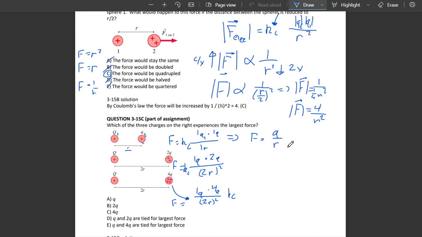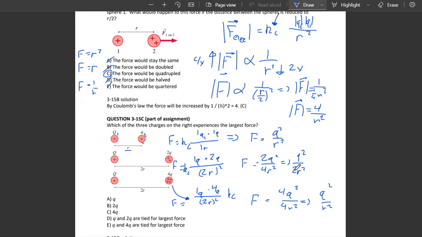And then for the second one, it would be 2q over 4r squared. So this is r squared as well, sorry. Which then becomes q over 2r squared. And then this final one is the force is equal to 4q squared, so these are all squared as well, over 4r squared. And simplifying this further, we see that q squared over r squared is equal to the force.